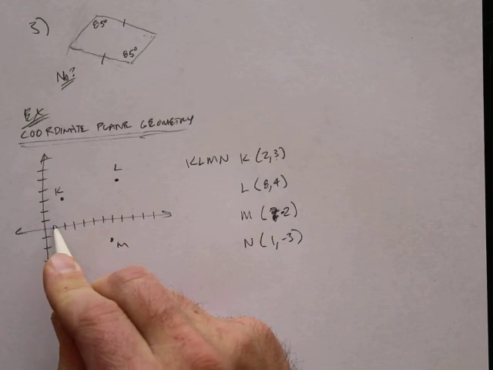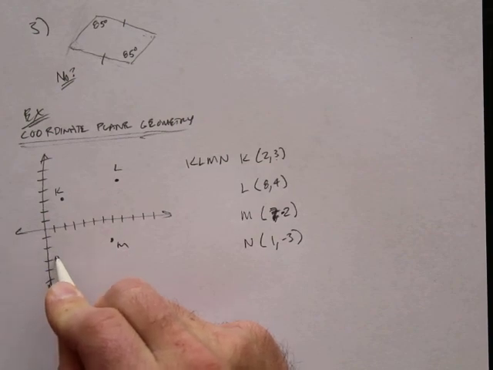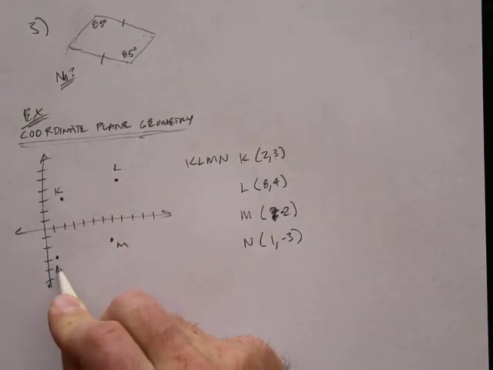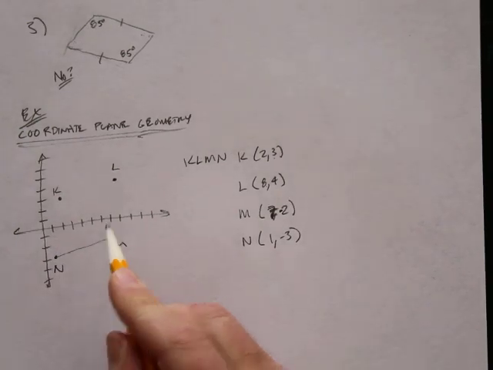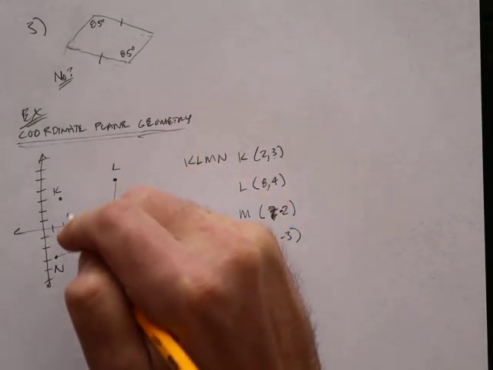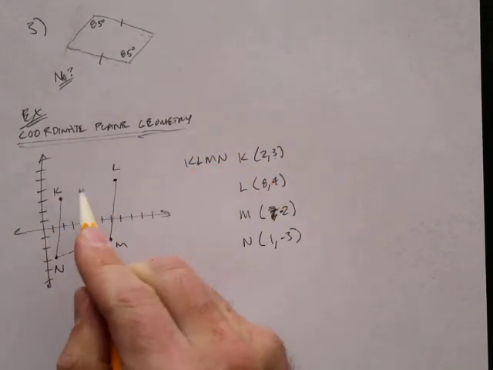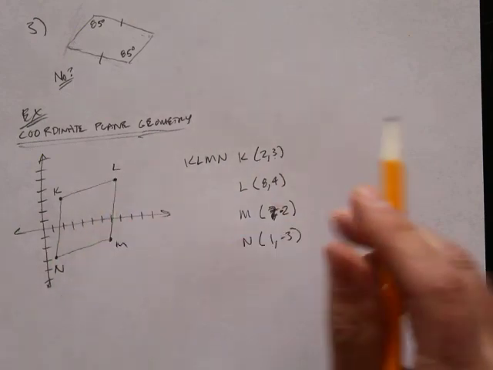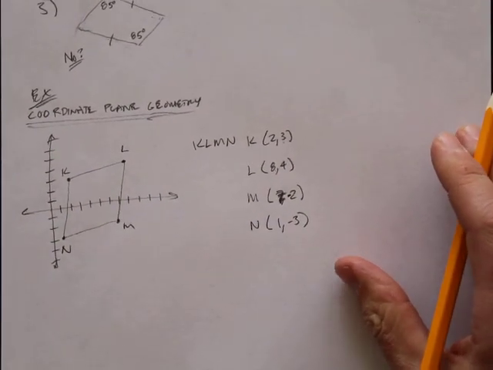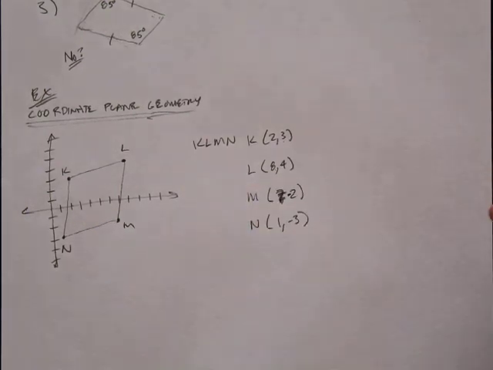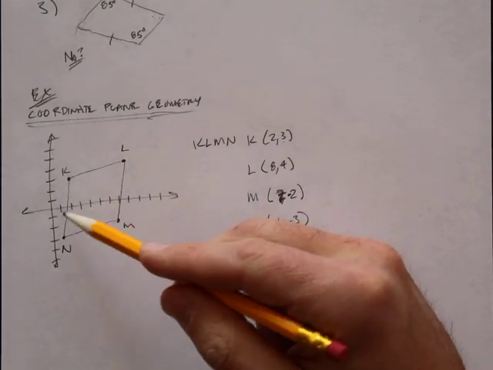N is (1, negative 3). All right, there is my four-sided shape. It looks like a quadrilateral, but I don't really know for sure.